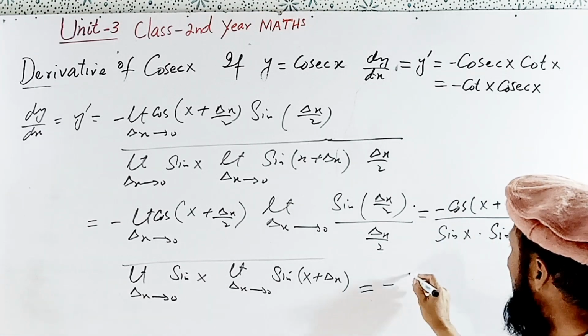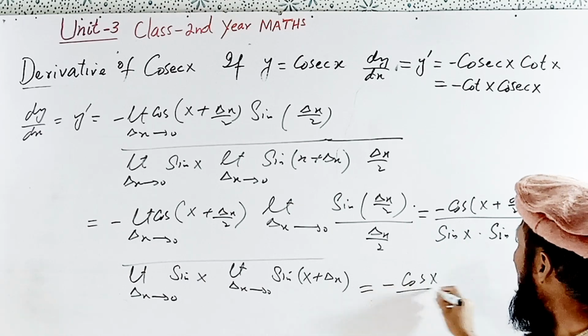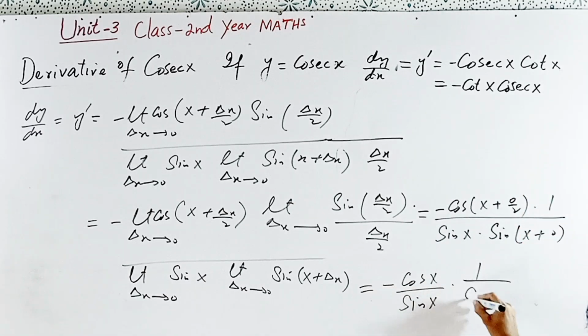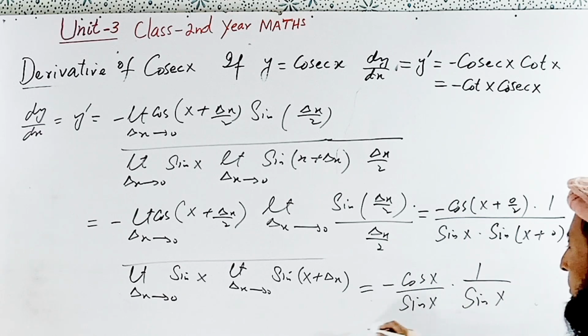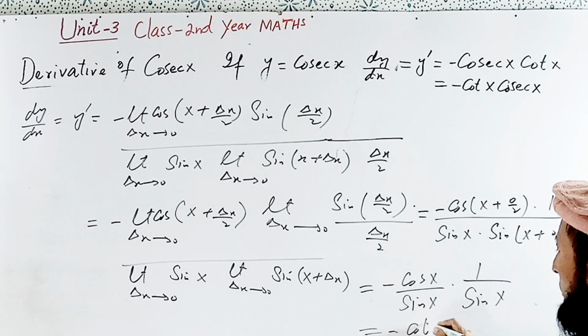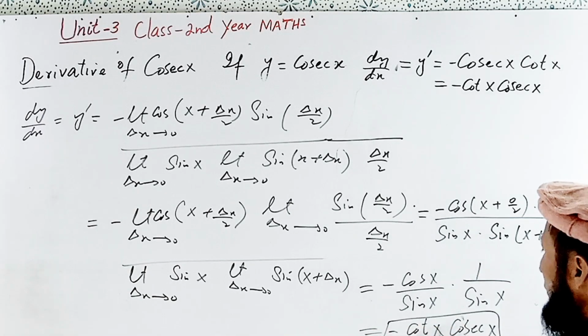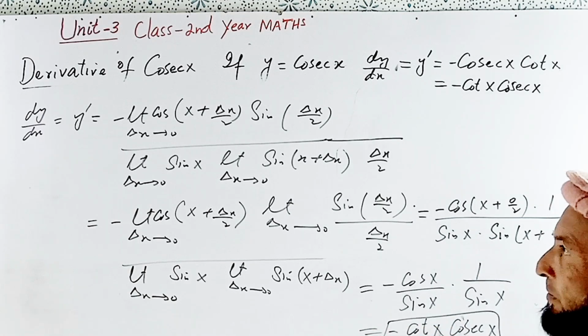We get minus cos x divided by sin x times 1 over sin x. So the result is minus cotangent x times cosecant x, which is the required proof using the first principle.